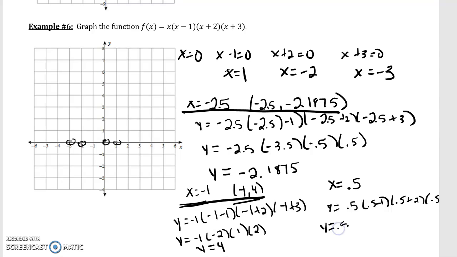So y equals 0.5, -0.5, 2.5, and 3.5. So y is equal to -2.1875.